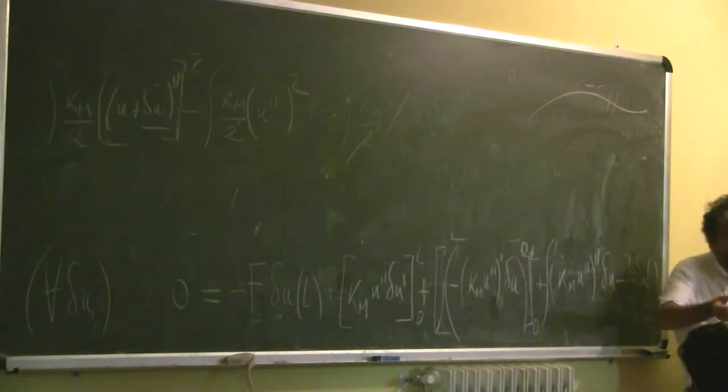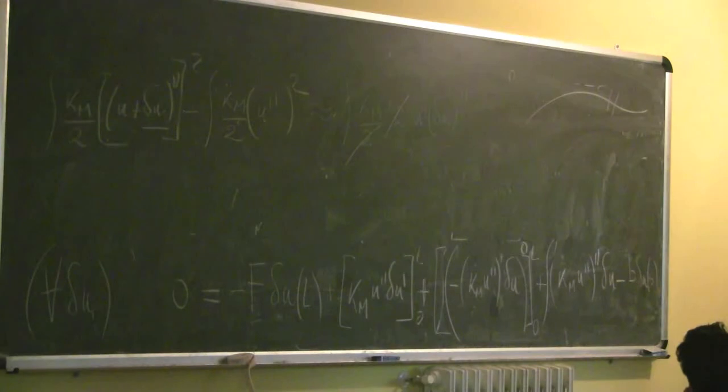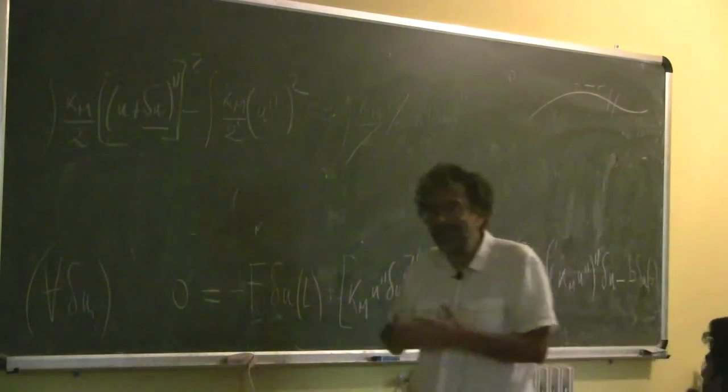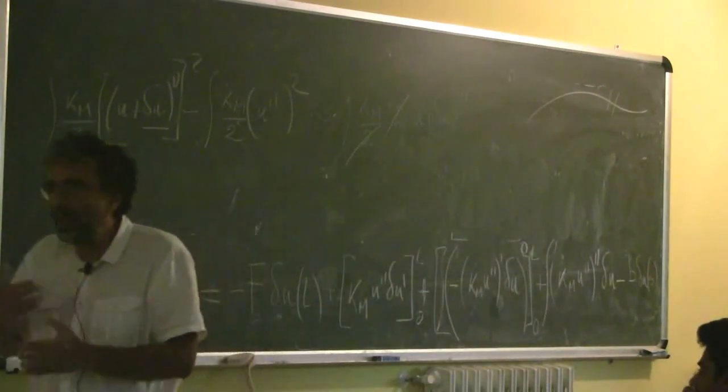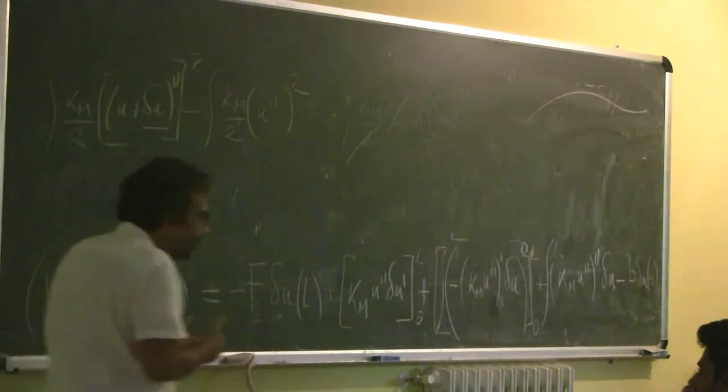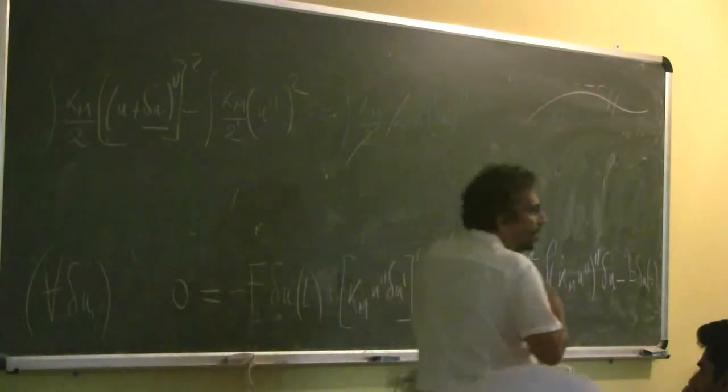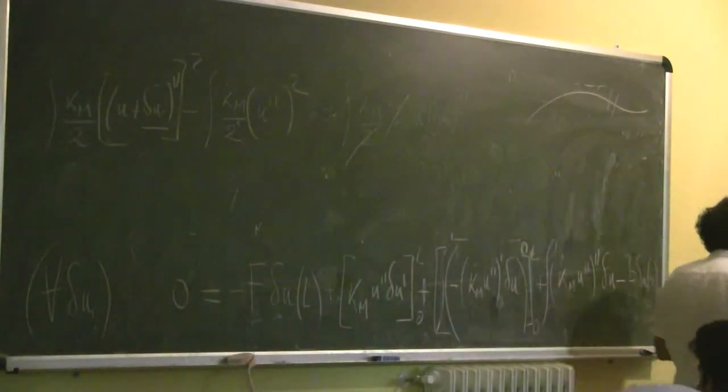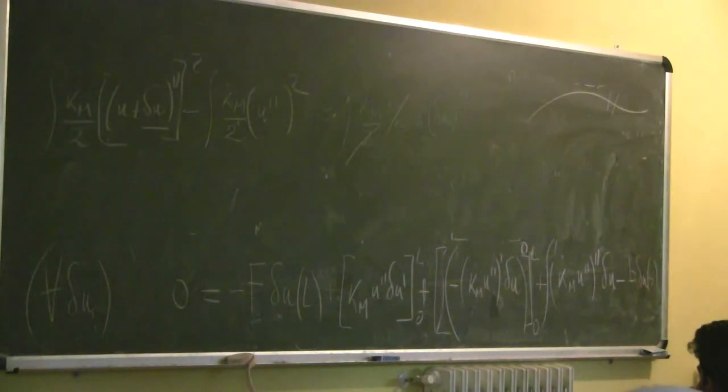Every virtual displacement makes the total work vanish if you start from an equilibrium configuration. So slowly we are understanding why and how the principle of virtual work has been conjectured as a generalization of the stationarity condition, as a generalization of the condition that the energy is minimum in the equilibrium configuration.